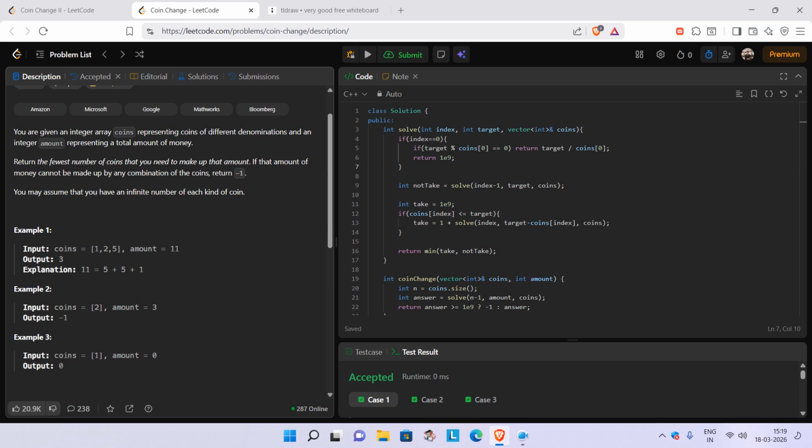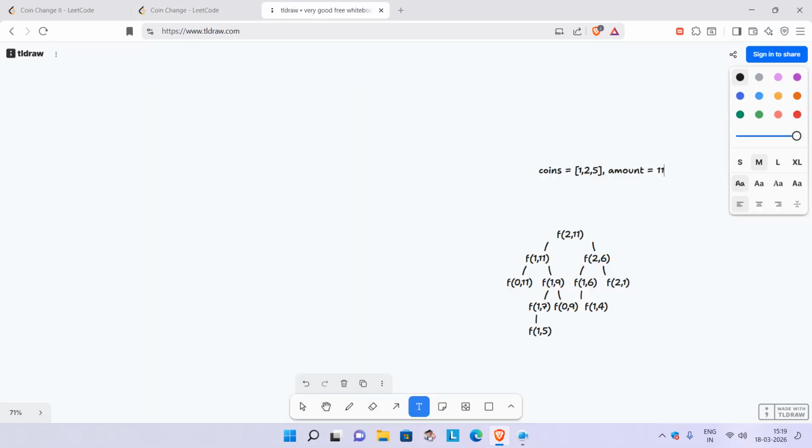Okay, so coming to the dry run part, first there's the definition. Since I have to use recursion, this is my definition of the recursive state that I draw here. I can call this the target, which is given as the amount here. So this f of index comma target means the minimum number of coins needed to form the target value using coins from 0 to index.